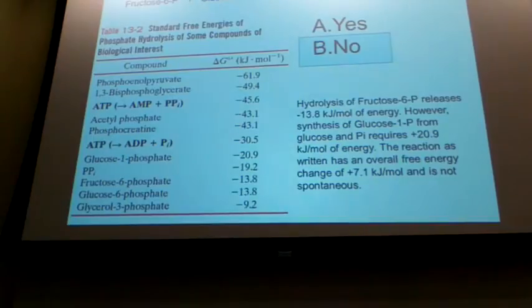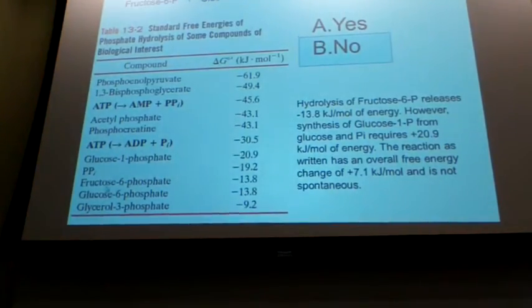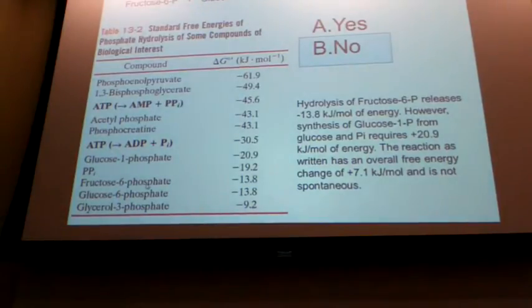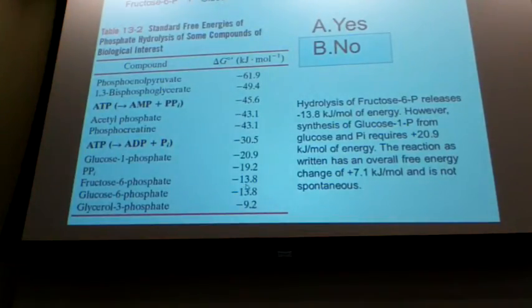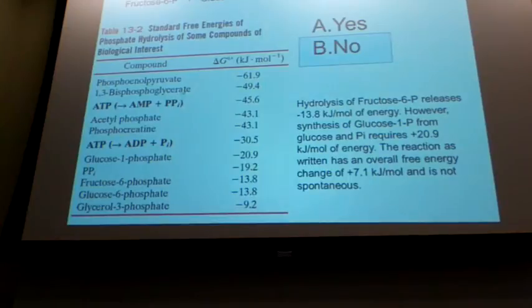Spontaneous the way it's written. Fructose 6-phosphate, when we're down here, if we remove the phosphate group, we're going to release 13.8 kilojoules per mole. Glucose is getting the phosphate group, and we aren't showing phosphorylation energy, so we're only showing hydrolysis. So if you want the phosphorylation energy, you have to flip the sign in order to get it.